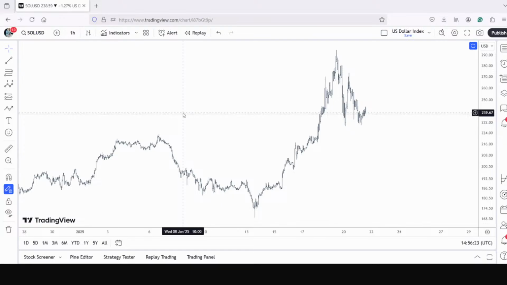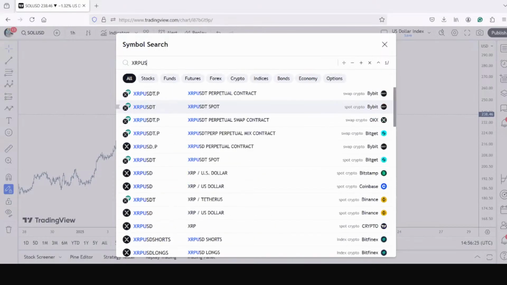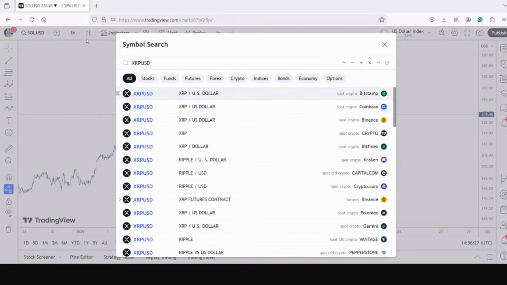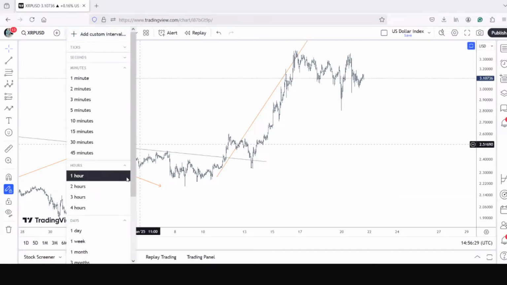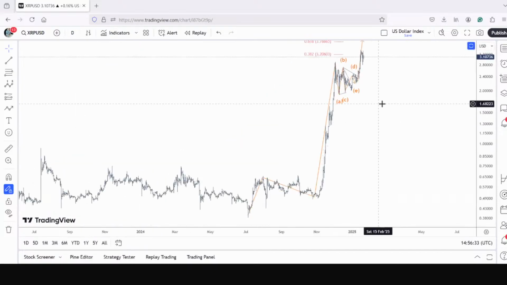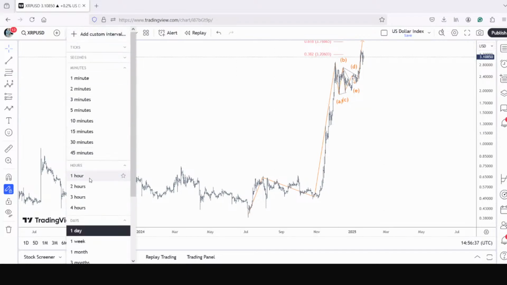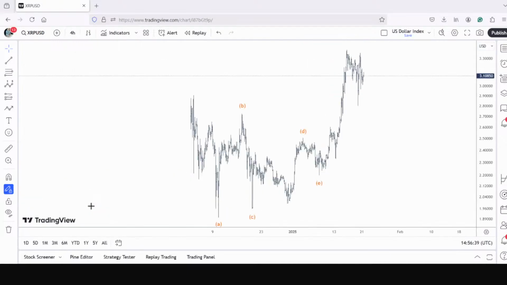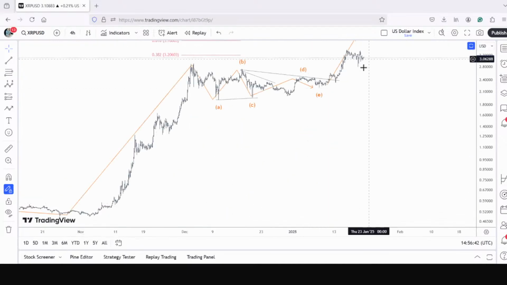And finally, the Ripple story. Let's see how it's unfolding. The Ripple story has stalled after hitting the 38.2% target. So it's stalling right now, but I would not rule out another high.